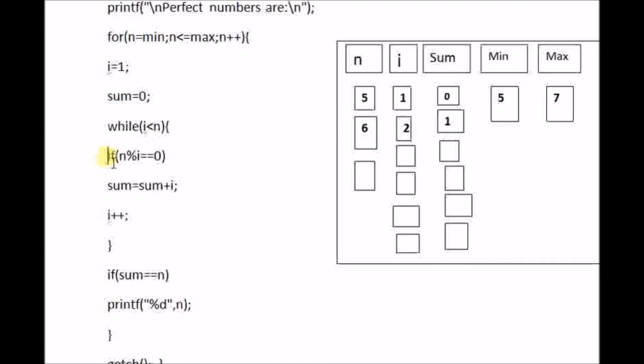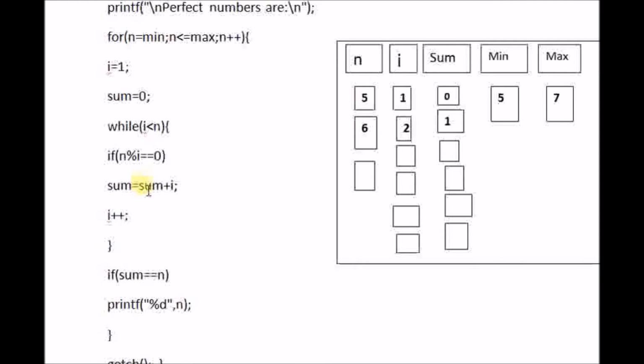Control goes inside. Is 6 mod 2 equal to 0? Yes, the condition is true. The remainder will be 0. Hence, this statement gets executed.